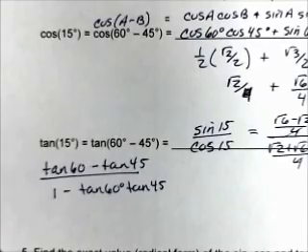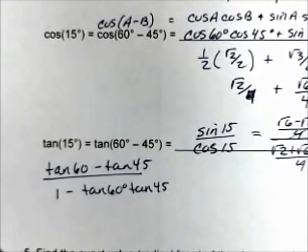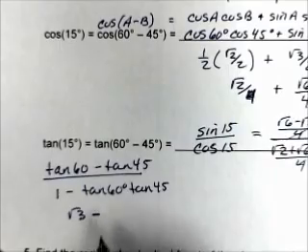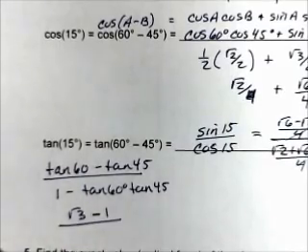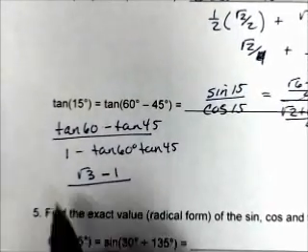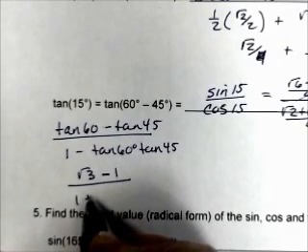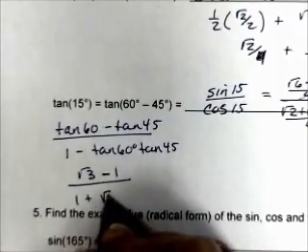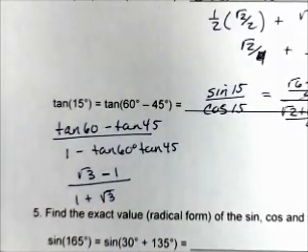Right. And now tangent of 60 is square root of 3 over 1, so that's the square root of 3. Tangent 45 is 1, all over 1 plus tan 60, that square root of 3 times 1. That's going to be square root of 3 times 1 is simply square root of 3.